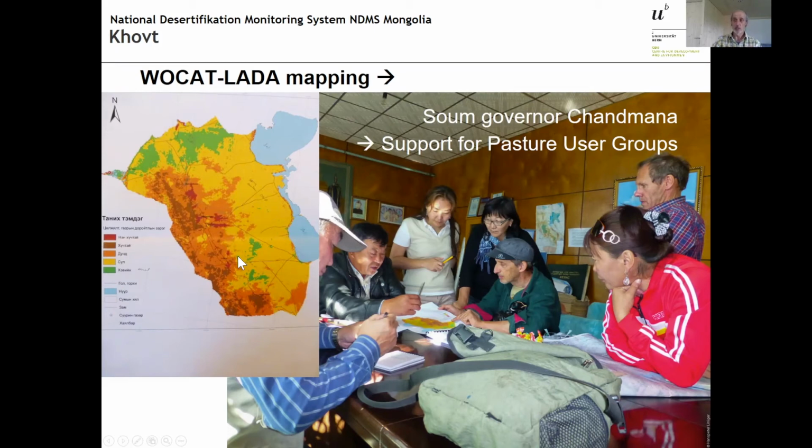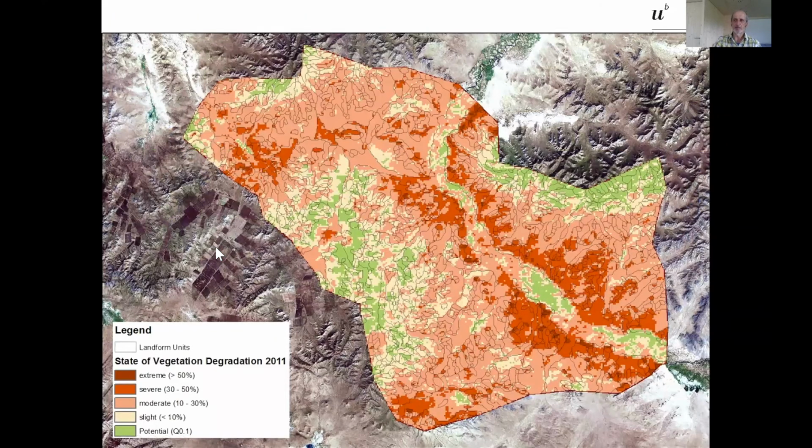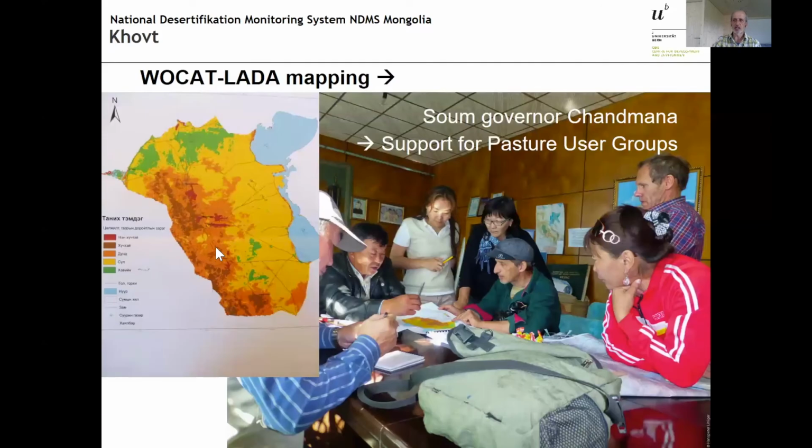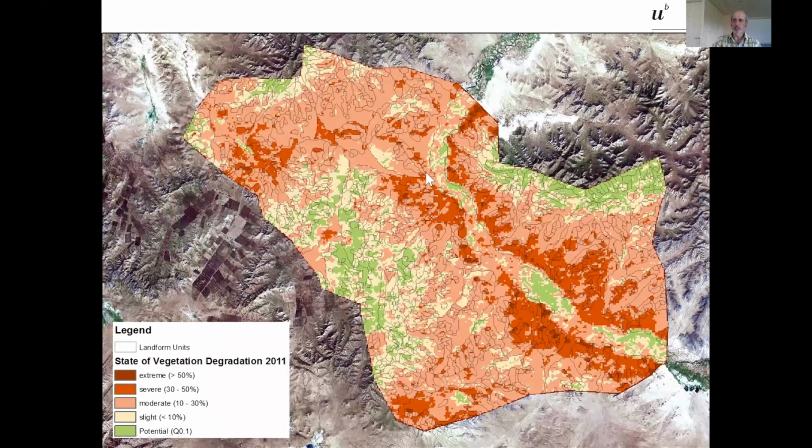So let's do an assessment and identify where we have green spots and where the darker, reddish spots are in terms of land degradation. We made a legend and then assessed the land, and we compared that with this situation here. And that was a new insight, because before, such assessments were done separately.